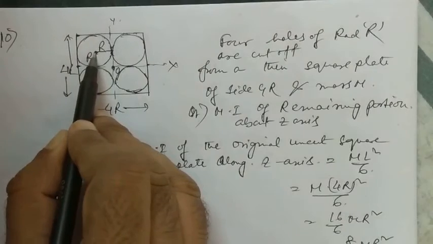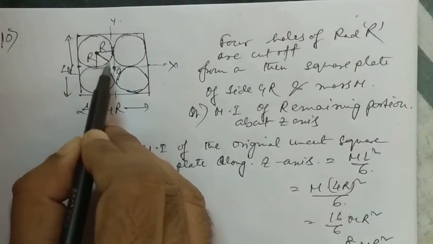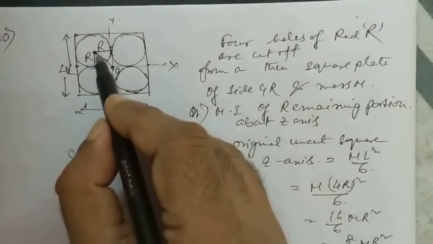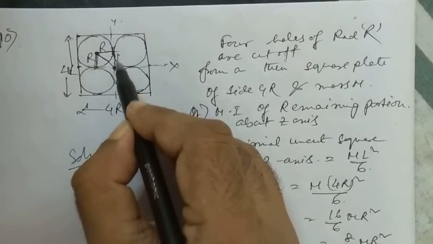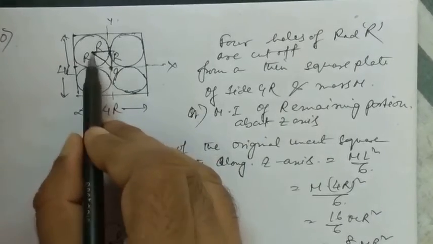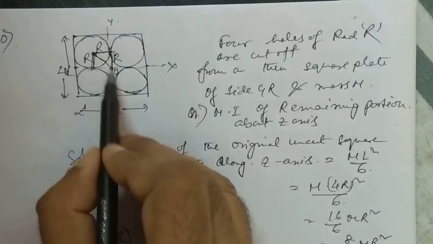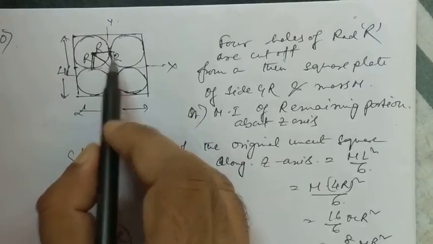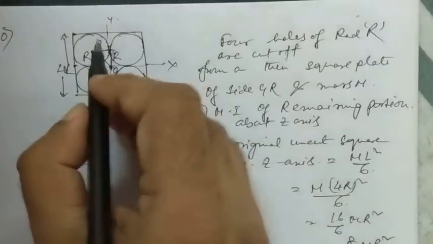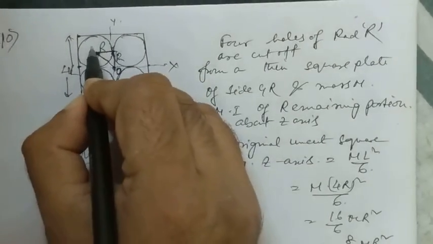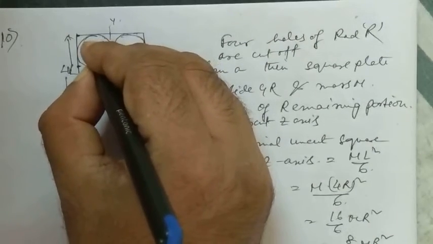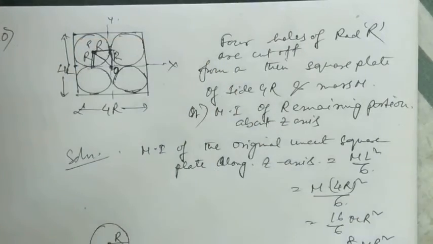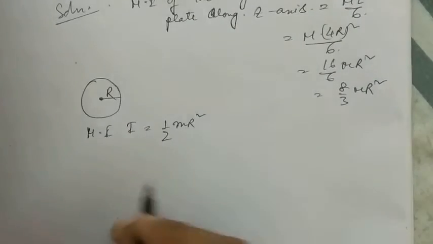Now we have to shift this axis by this distance. This is r, this is also r, so this becomes a right angle triangle with two sides of length r. If we name this O and this P, what will be the length of PO?